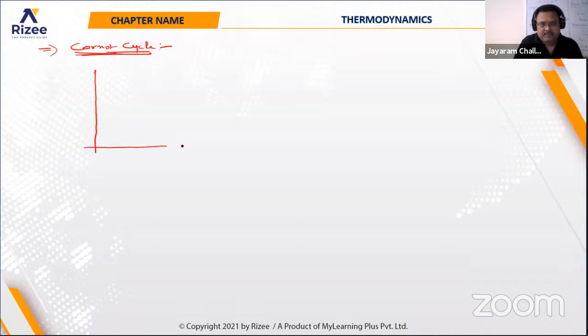If you observe this Carnot cycle, it undergoes different processes on a pressure versus volume diagram.